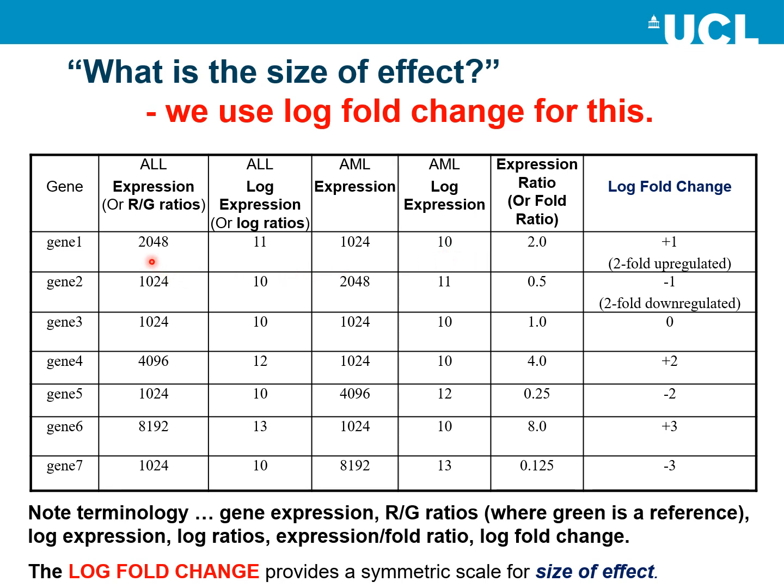Then the expression ratio, sometimes called the fold ratio, is the ratio between these two, so it's 2 in this case. The log fold change is the log 2 of that ratio, so it's plus 1. But we can also get it from one log expression, 11, minus the other log expression, 10, which gives you plus 1. So this is why the MVA plot uses log expressions: it does one sample minus the other sample to get the log fold change.